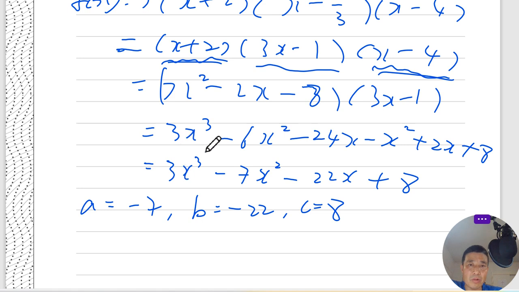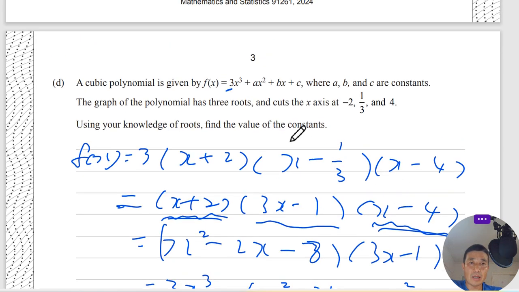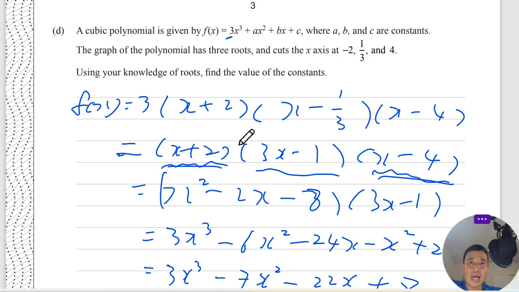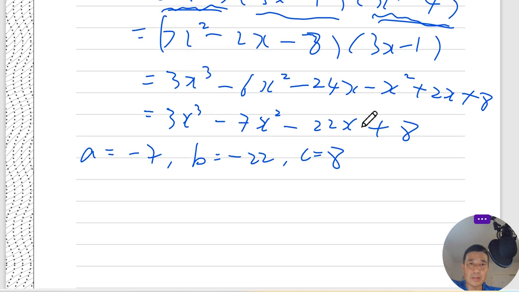So 3x cubed, and minus 6x squared minus x squared add up to minus 7x squared, minus 24x plus 2x is minus 22x, and then plus 8. Be careful because it says find the value of the constants. So a is negative 7, b is negative 22, c is 8.